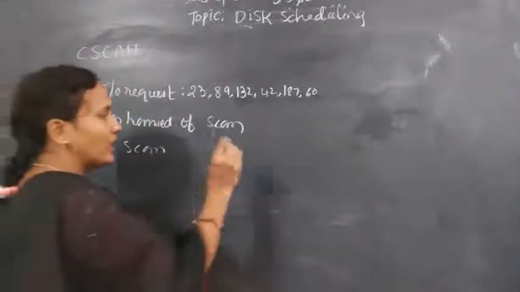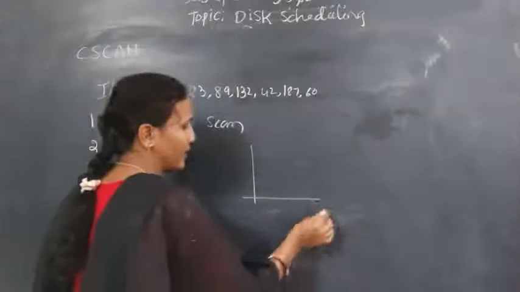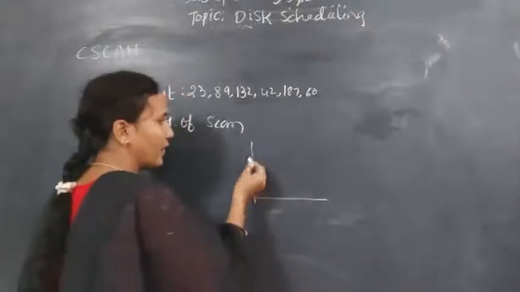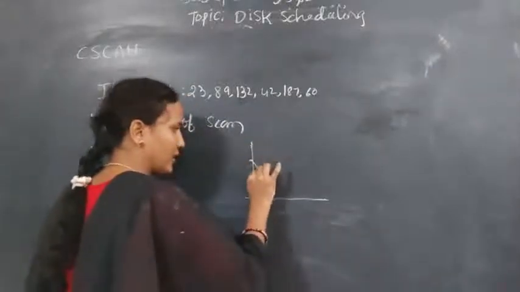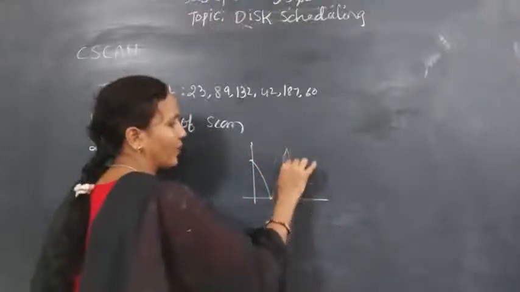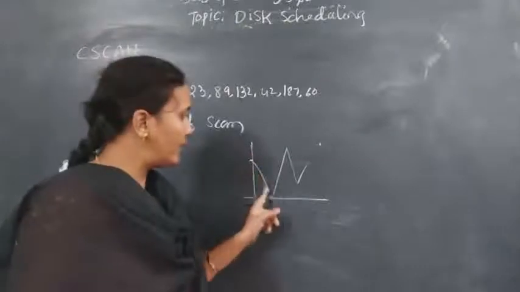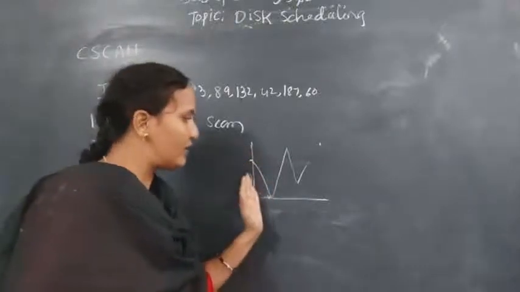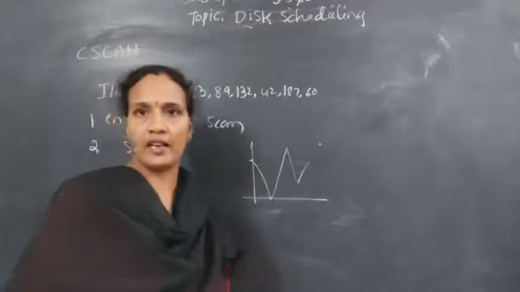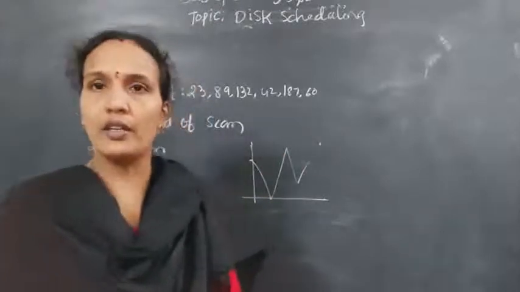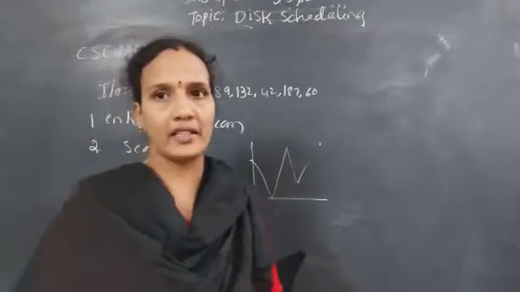For example, this is a disk schedule presented on a graph. It is at the current position like this, down and up, down and up. It will move from one point, and when it reaches the other end, it will change its direction in reverse order. So it is similar to SCAN scheduling.